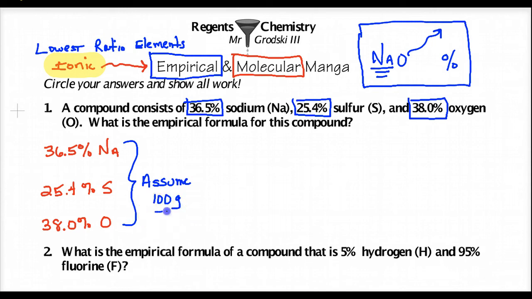If I got a 100-gram sample, I know that 36.5% out of 100 is 36.5 grams. Same thing, 25.4% of sulfur, or 25.4% of 100 is 25.4 grams. By assuming 100 grams, the percentages that were given to me based on some unknown amount can now be linked right into grams.